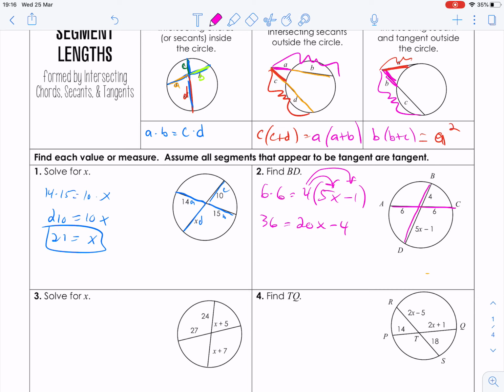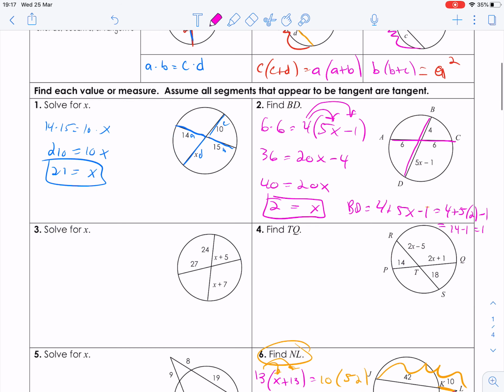So I get 40 equals 20x, x equals 2. And since we're looking for BD, we know BD equals 4 plus 5x minus 1, which equals 4 plus 5 times 2 minus 1, which equals 14 minus 1, which equals 13. Ooh, 13. There we go.